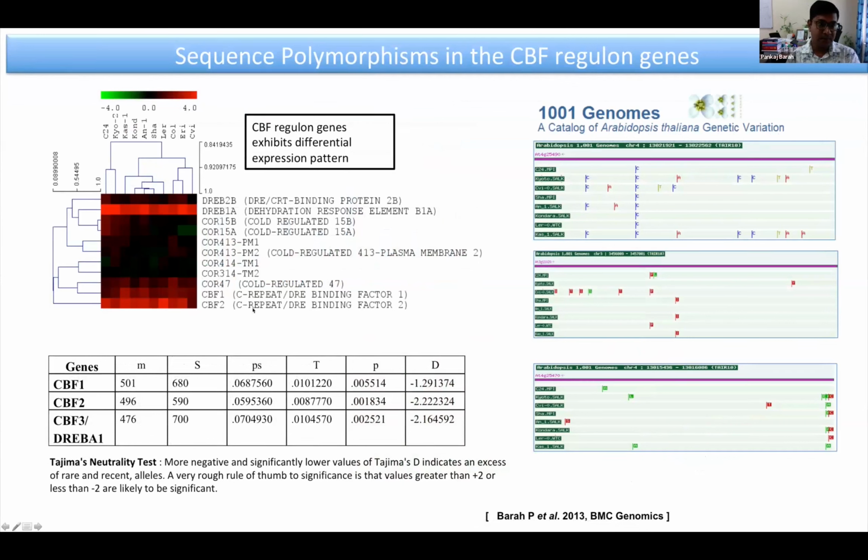Here also we have shown significant variations in the expression signature, as well as significant variations in the sequence level analysis. And we have done some evolutionary analysis to show that these kinds of core stress responsive regulons were under positive selection pressure.